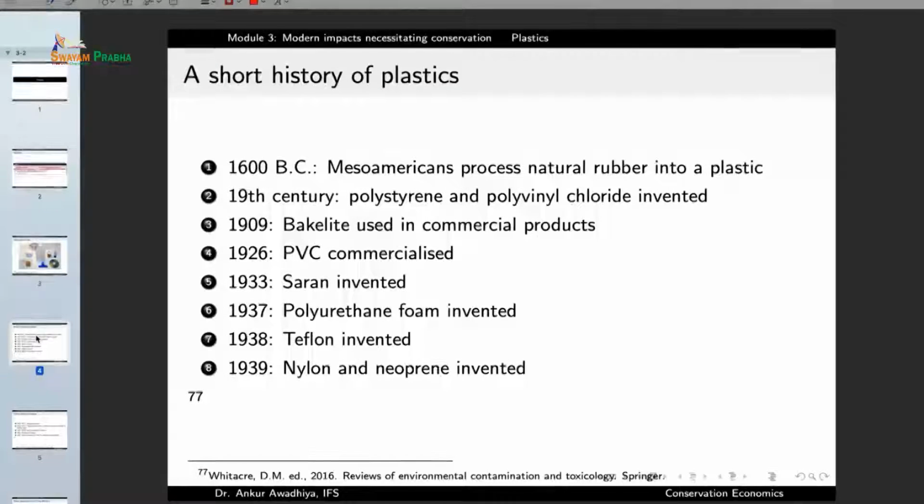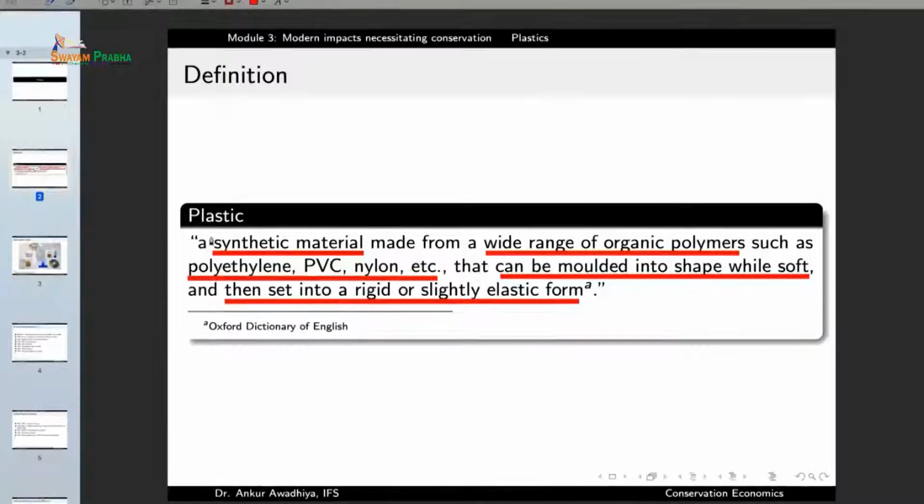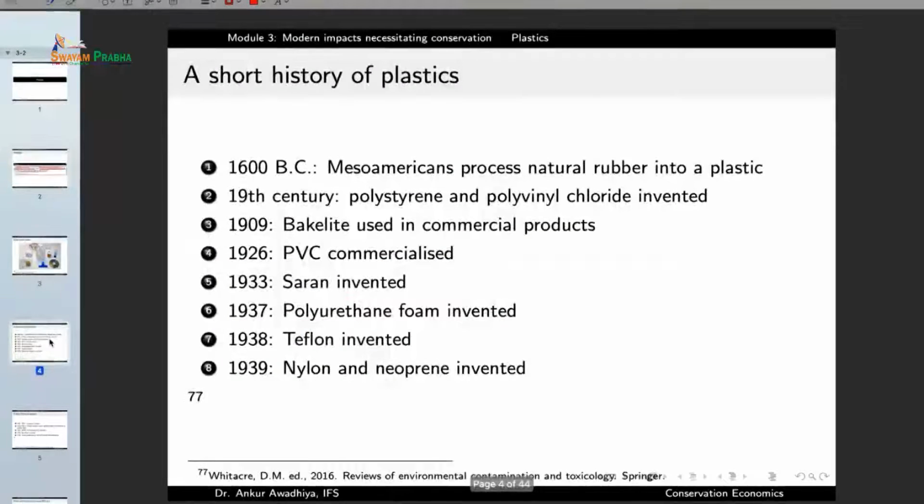How did we come into this civilization of plastics? The earliest plastics, in the terms of the synthetic material, was made in 1600 BC when Mesoamericans processed natural rubber into a plastic. So the natural rubber was converted into a plastic, and this plastic was used as a ball.